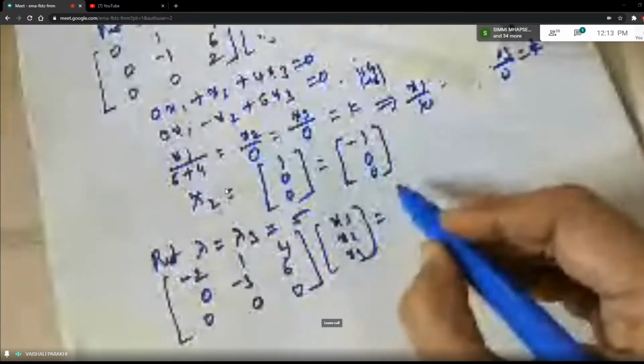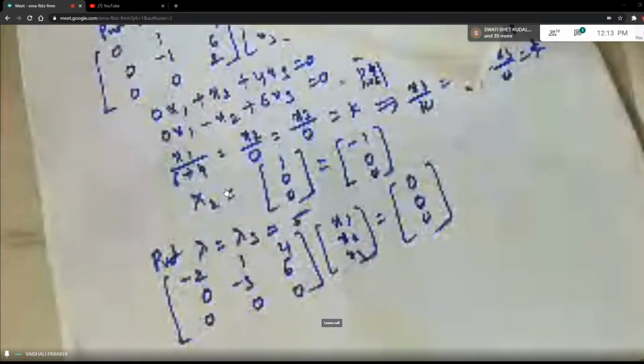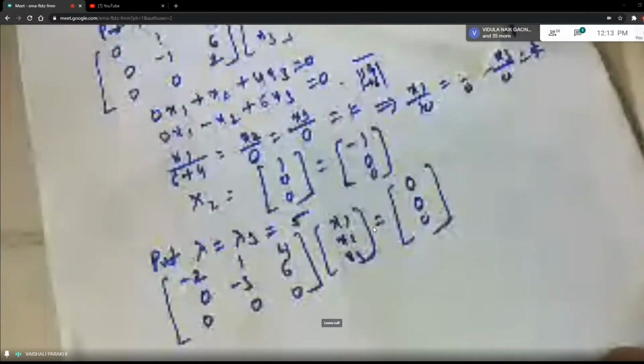And then this is your null matrix 0, 0, 0, right? So 3 minus 5, 2 minus 5, and 5 minus 5. Okay, now let us write three equations.